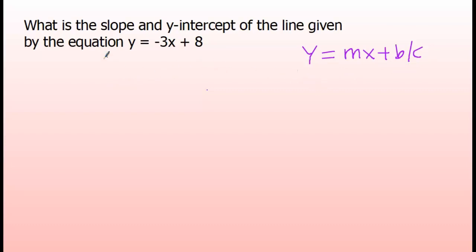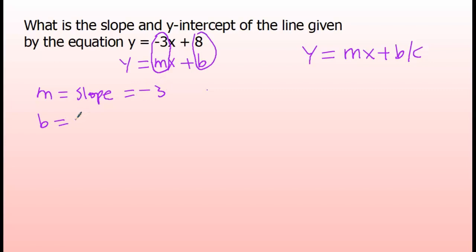So here we can write it right under. Realize the coefficient of the x is the slope, m, which is equal to -3, and the b, which is the y-intercept, is equal to 8. Now we are done.